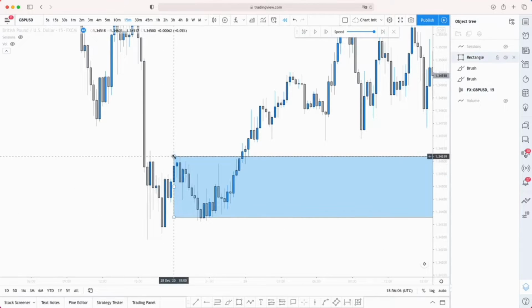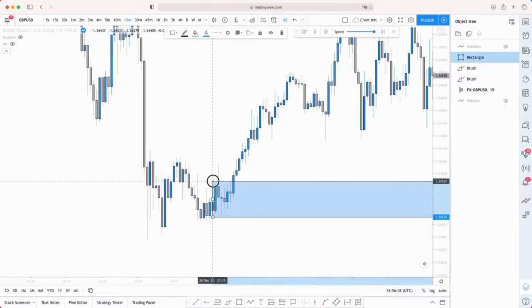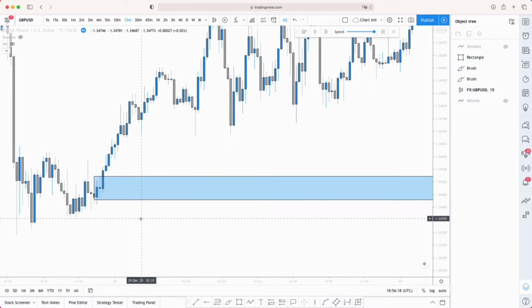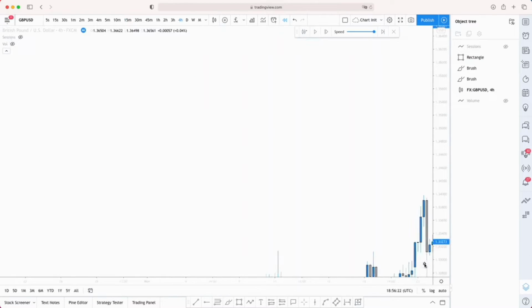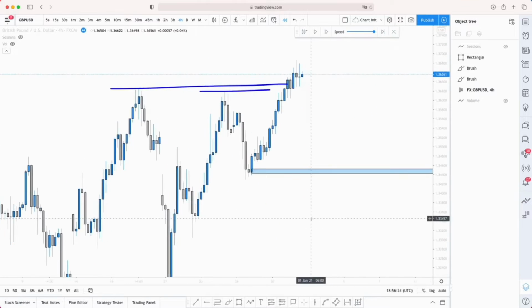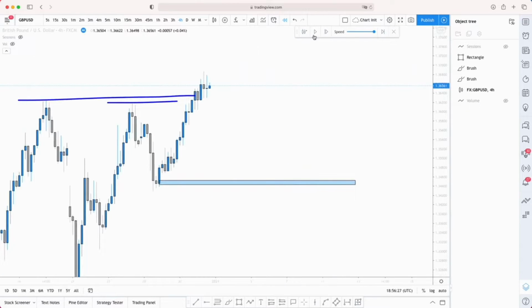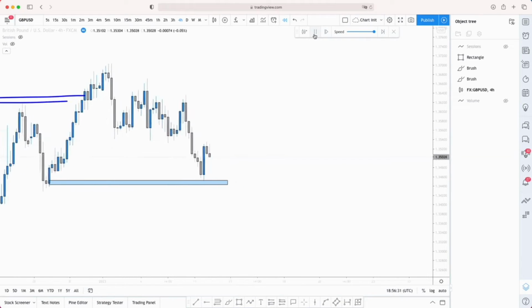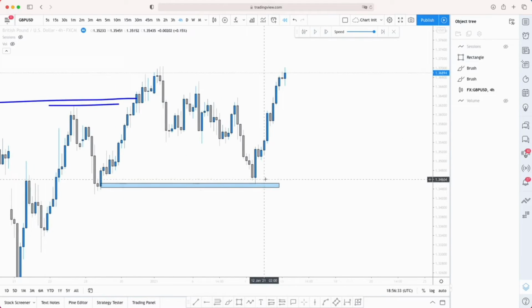So what we can see is this is the one that's not been mitigated and created a move, was part of that move that broke structure, right? Everything here is not clear, and this is only the 15-minute time frame. If you go back to the 4-hour, we could try and see where price actually reacted. I'm not sure if it reacted off that or not directly. Yeah, so it reacted perfectly off that unmitigated OB, right?